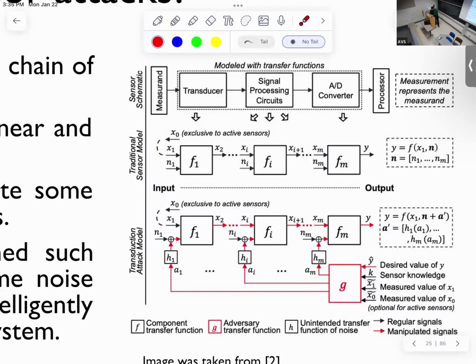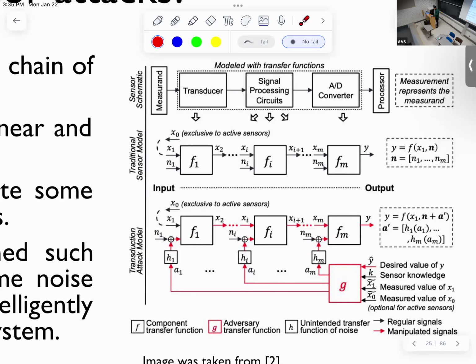For example, you have your transducer, your signal processing, A to Ds. Each one is basically a function, right? And if you are an attacker, you can introduce noise in every different part of the system. So this generator function, which is the attacker function, can create a transfer function at any of these. Of course, changing anything during this process might be very difficult.